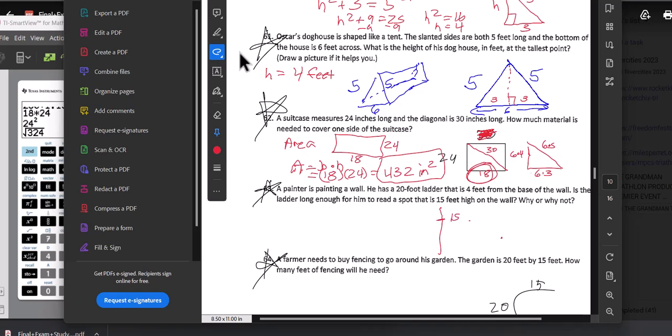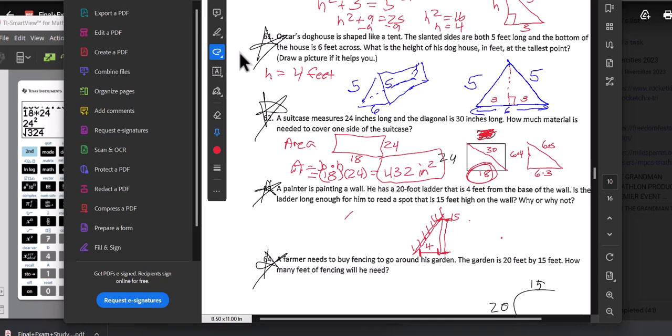Here's 15 feet right there, so this distance is 15. We have the foot of the ladder is 4 feet away, and this is our ladder right here.